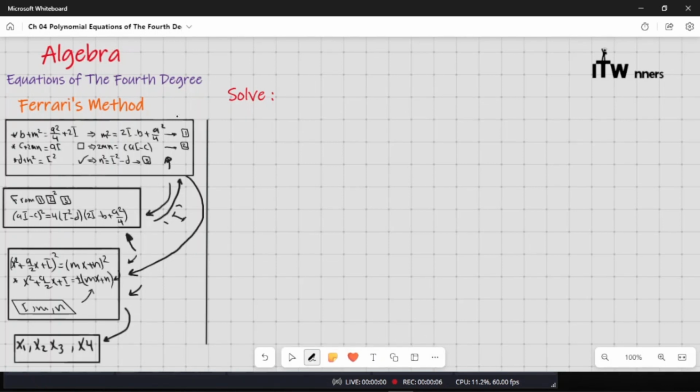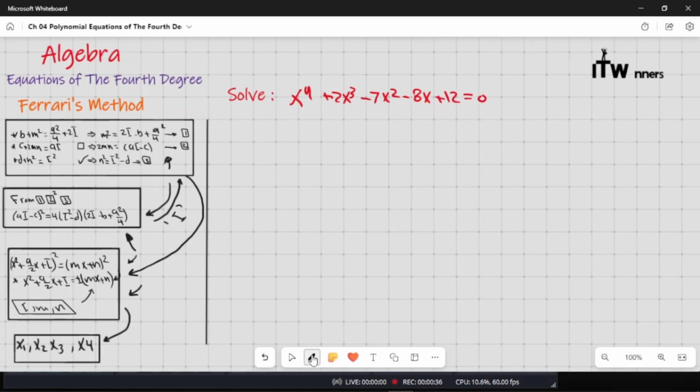Here we have to solve x to the power 4 plus 2x cubed minus 7x squared minus 8x plus 12 equal to 0.